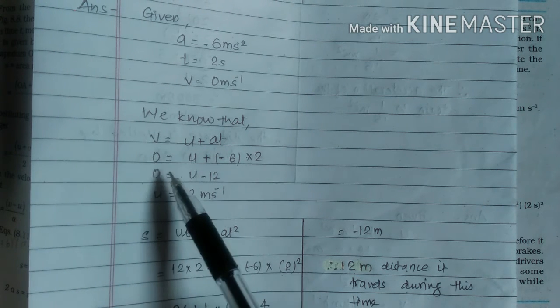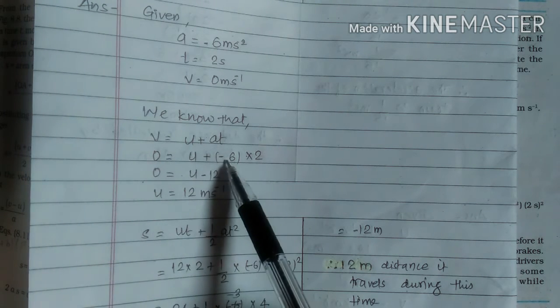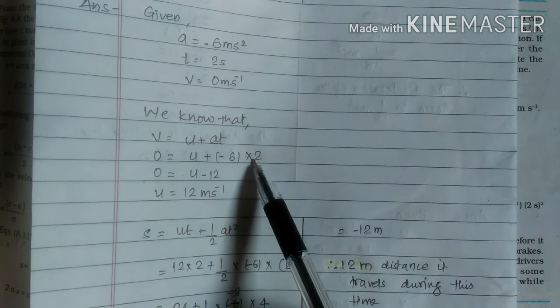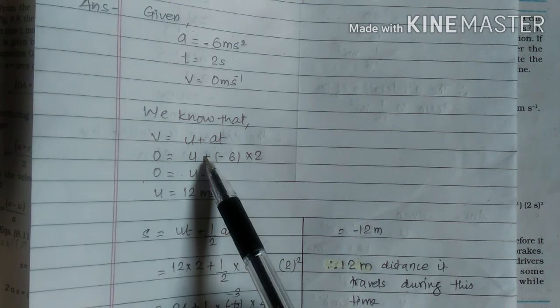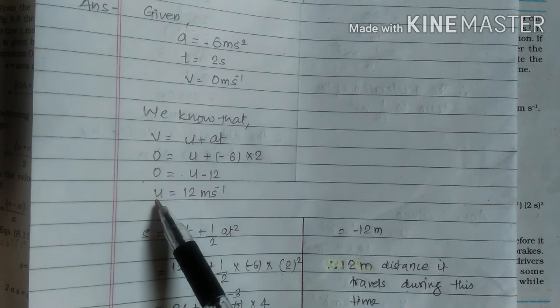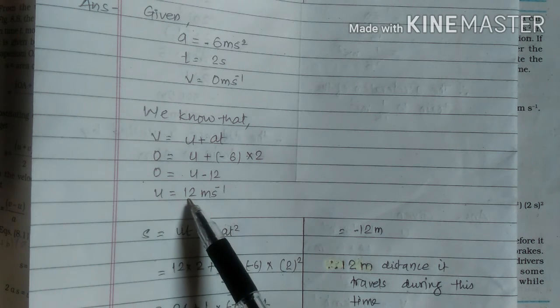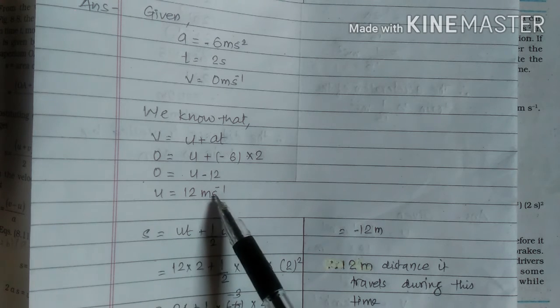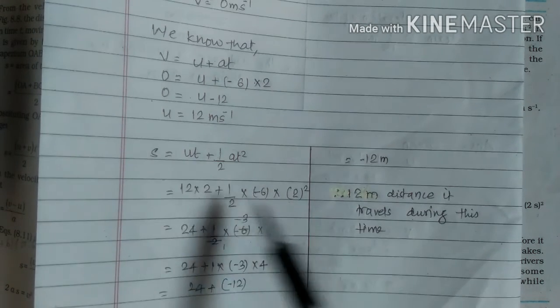For that we take this formula, 0 is equal to u plus a, minus 6, into t, 2. Now u plus minus 6 twos are 12, it becomes u is equal to, when we take minus 12 to the left hand side, it becomes plus, that is u is equal to 12 meter per second.